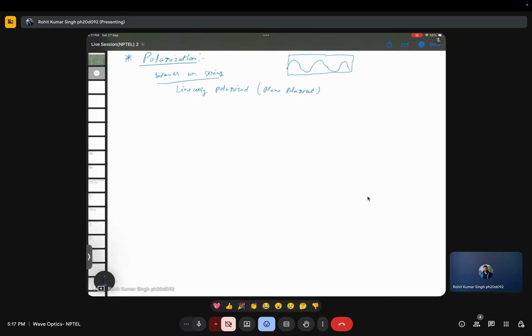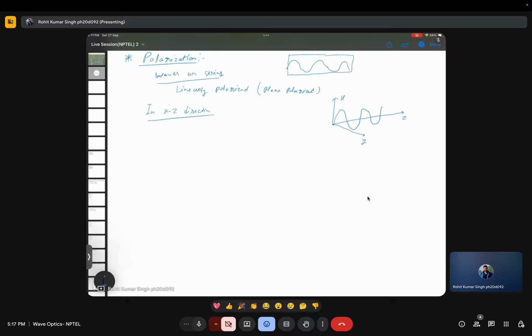In terms of 3 dimensions, you can confine these waves in, suppose, the xz plane. Let's draw some coordinates: this is the x axis, this is the y axis, and this is the z axis. If you are oscillating the wave in the x direction only, you will have a plane polarized wave in the xz plane.